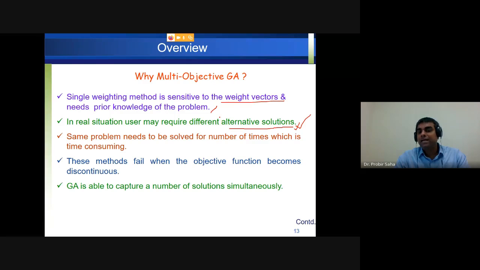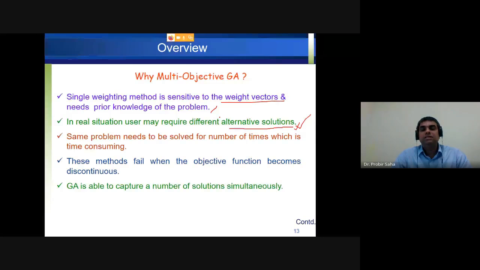And mind it, you cannot say which solution is better than the other. In the Pareto front, all solutions are equally important, and you cannot claim that solution X is better than solution Y. No, all solutions are equally important. So it depends on the choice of the customer.